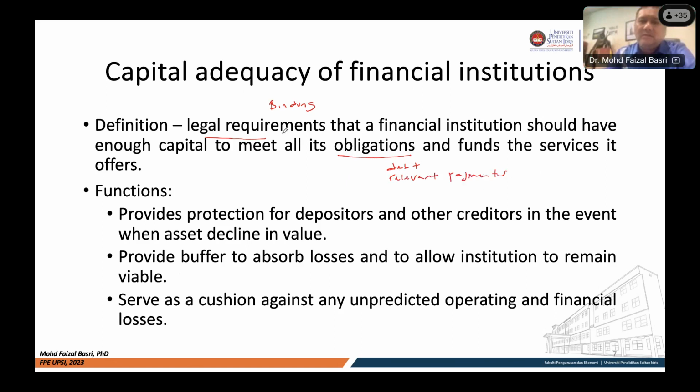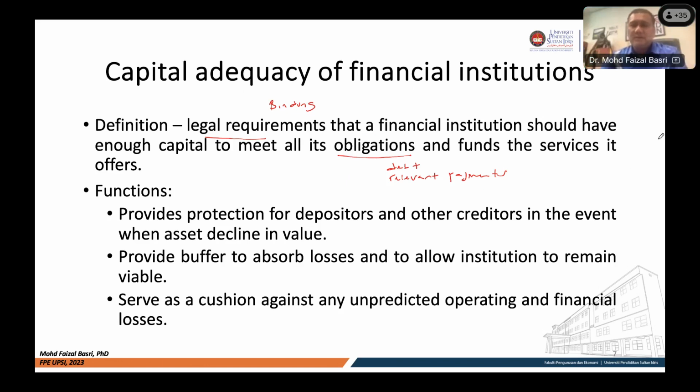So make sure the money is enough to cover these obligations, right? It's just that if we assume every month we will get the same amount, that's one thing, but then there's the possibility that some bad things might happen in the future, for example. Okay, that's why they need to keep this capital.